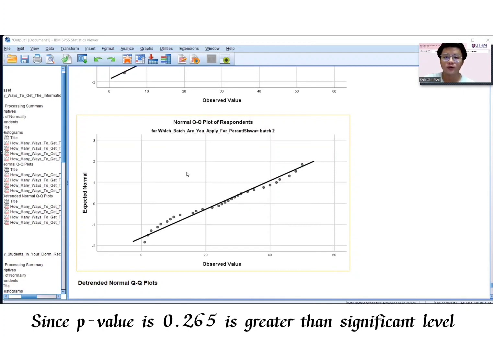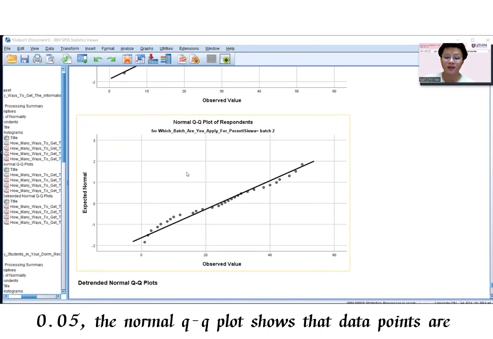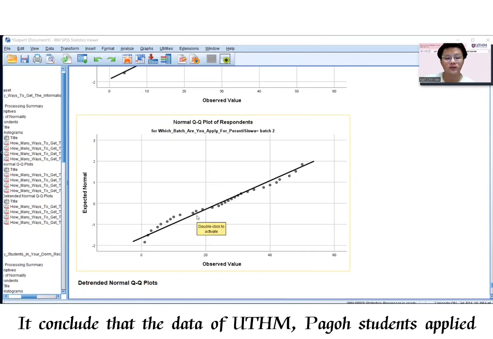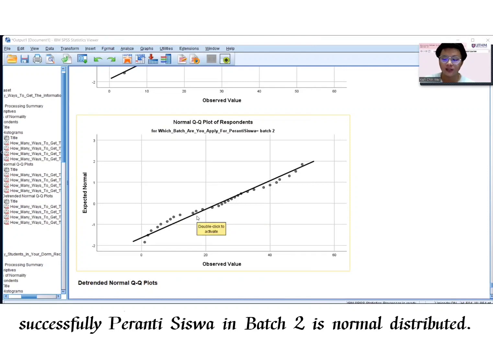Since the p-value 0.265 is greater than the significance level 0.05, and the normal QQ plot shows that the data points are close to the diagonal line, it concludes that the data of UTHM Pagoh students who applied successfully for Peranti Siswa in batch 2 is normally distributed.